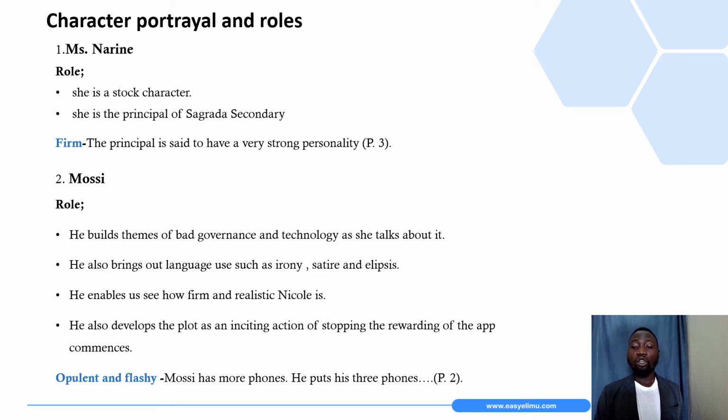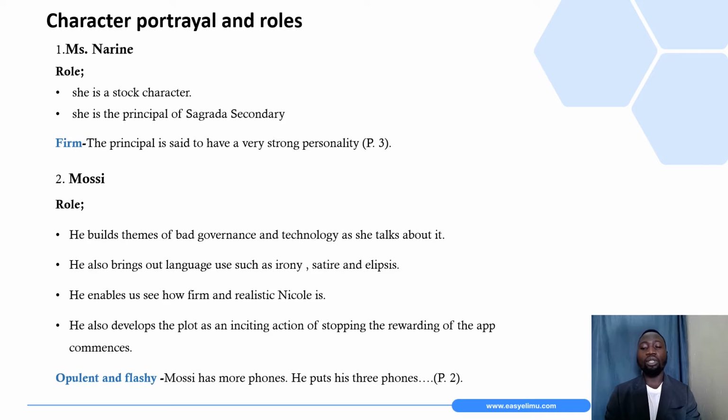Again, somebody who is firm respects other people and also expects respect in return. So the principal is said to have a very strong personality. She means business.